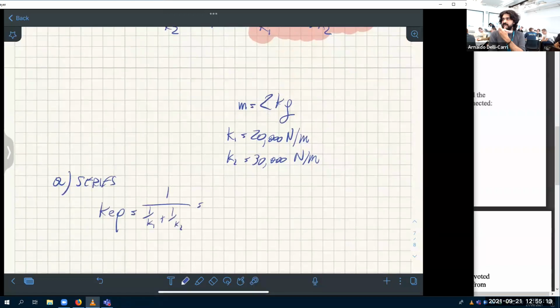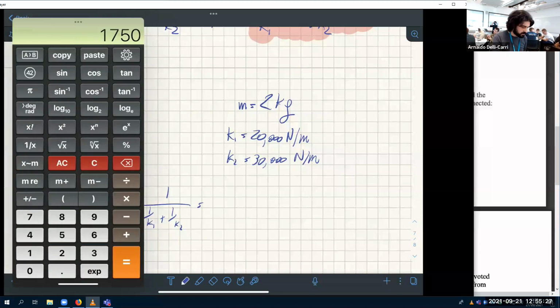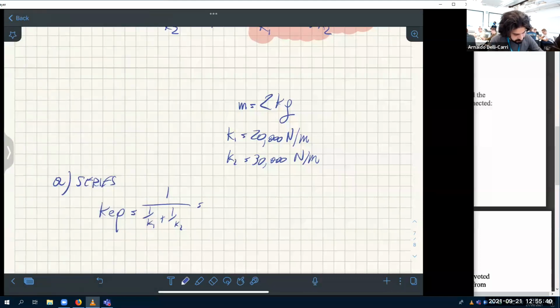And that's equal to, guys, help me out. How much is this? 50 divided by 600. No, the inverse. So the inverse of this, is it 12? Yeah. 12,000. Okay. Guys, I am trusting one of you. This is 12,000 newtons per meter.